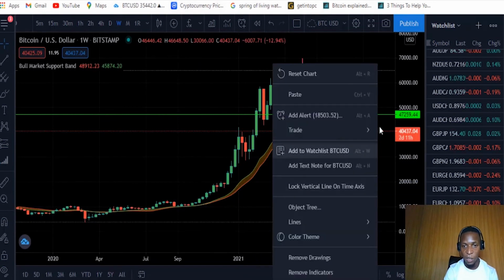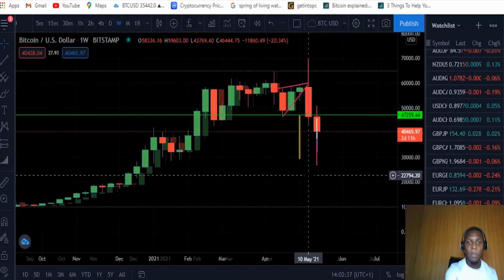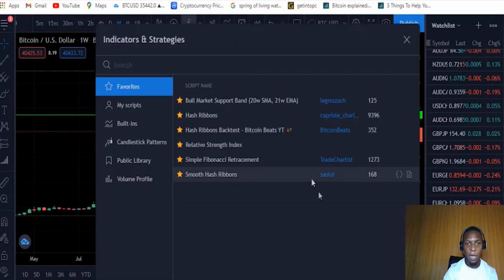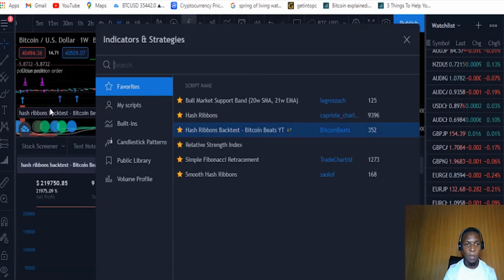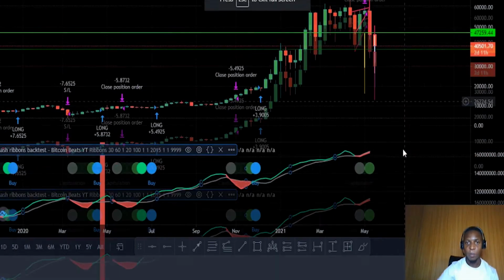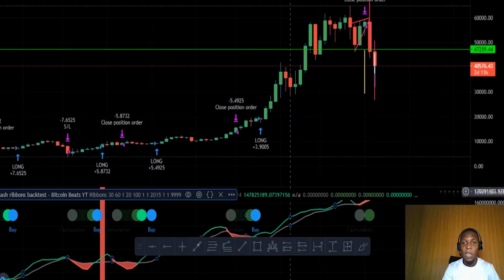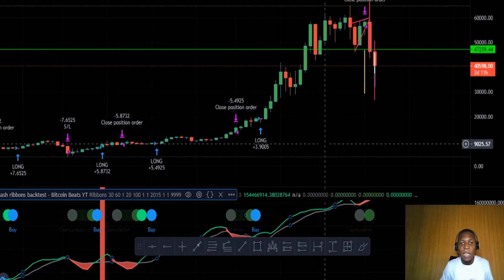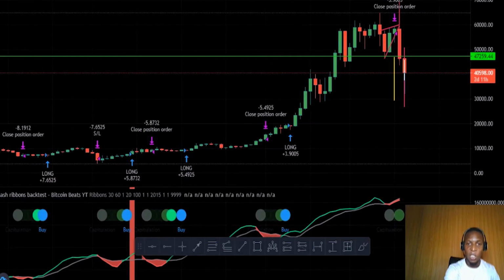So let's remove the indicator. That is number one. Then now there is the Bitcoin hash ribbon rebound. This has actually helped in the market over time. Now you might be asking, what is the hash ribbon? The hash ribbon indicator is a long time indicator that can provide valuable insight into Bitcoin prices, and this is the hash ribbon.